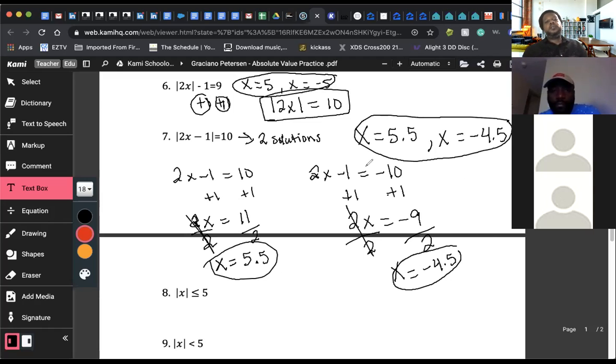Okay. So the biggest trick with absolute value is remembering when we have 2 solutions, and we have 2 solutions whenever we can isolate the absolute value and it's equal to a positive number.